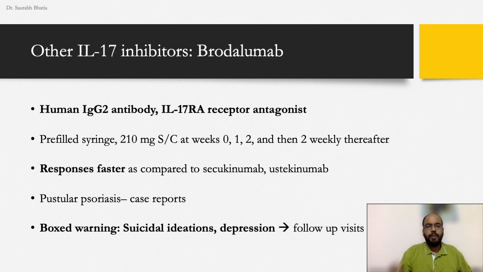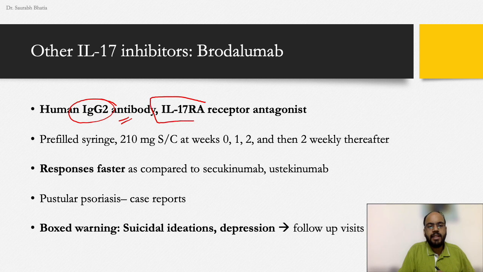Other is Brodalumab. Now the mechanism of action is a little bit different. It is an IgG2 human antibody, but it targets the interleukin 17RA receptor. So it is an interleukin 17 receptor A antagonist. Clear? Now let's discuss a little bit on what we mean by that.